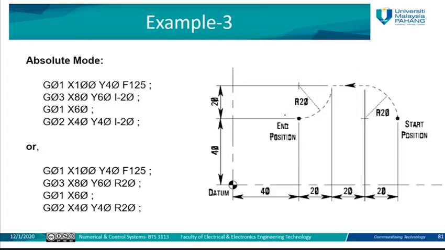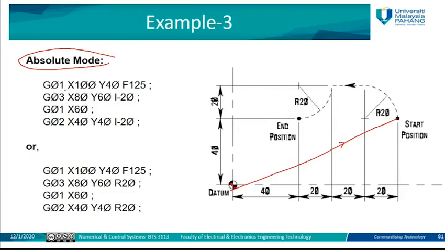As we can see here, for the absolute mode, we are going to define the G01 movement first, the first linear movement, to the value of x, because in the beginning the machine or the spindle will be placed at the 0 point. I want to move the spindle from this point until the start point, like this line. It's a straight line, so we are going to use linear movement, G01.